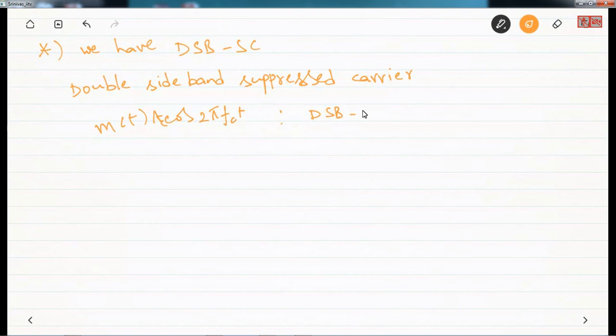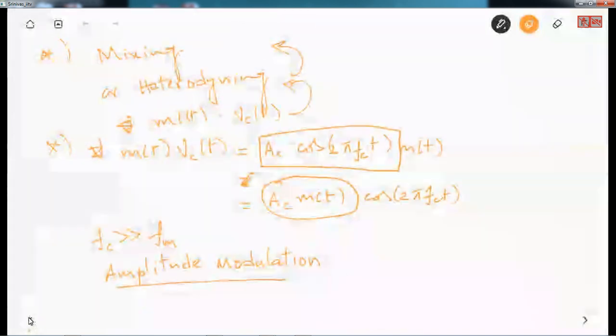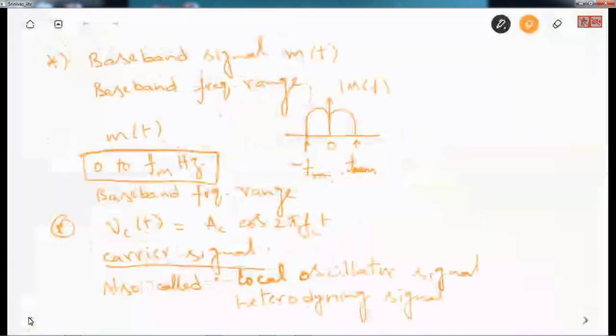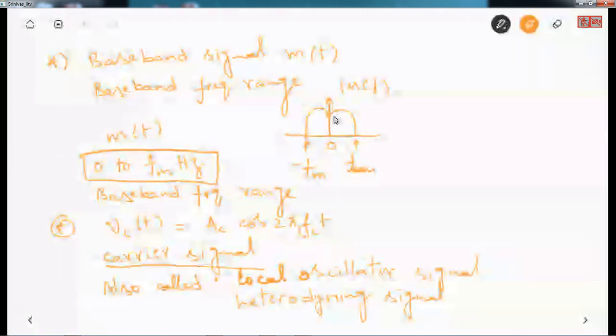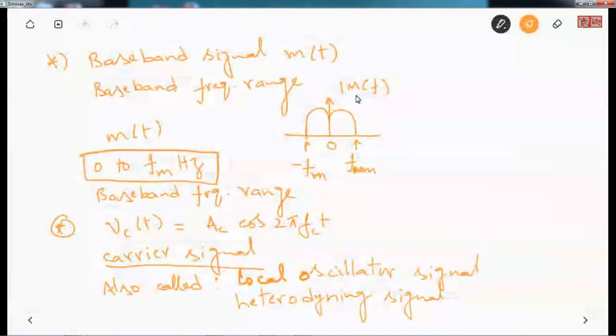Just as you have done Fourier transforms in your previous semester or last year, I don't know which year you did it, if the signal is symmetric, the magnitude of the Fourier transform of the signal is symmetric with respect to the origin.